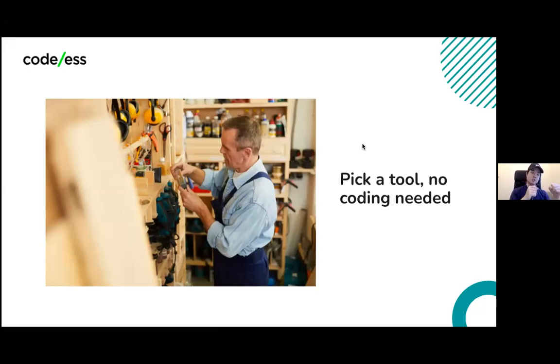Essentially, with no-code, you're just picking up different software or different tools and putting them together to make up your app, based on that framework I mentioned before, right? So there's absolutely no coding needed. All you need to do is understand what works and what will make up your app, and use the tool to execute that.